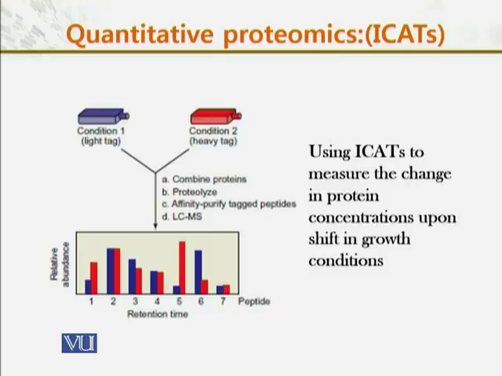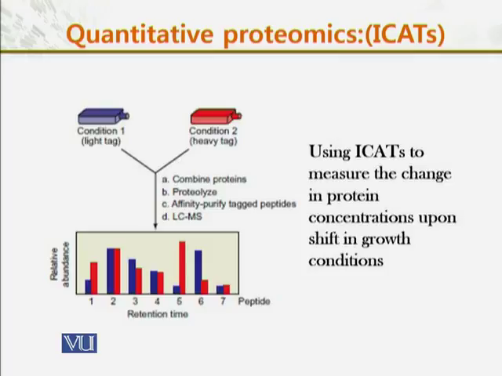So, you can see that condition 1 has a light tag, and condition 2 has a heavy tag. Now, they are attached to the protein, and then once that protein is attached with an ICAT, it is hydrolyzed by hydrolytic enzymes.